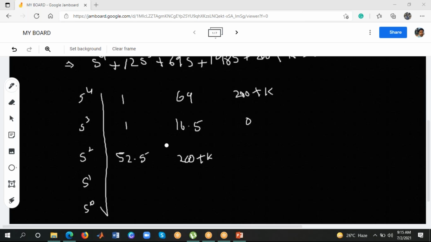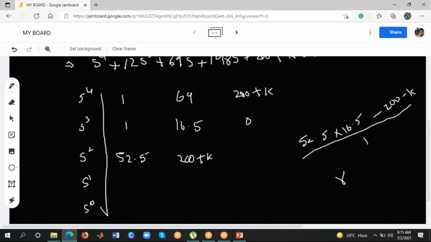What is the multiplication of these two? 52.5 into 16.5 is 866.25. Okay. Minus 200 minus k divided by 1.